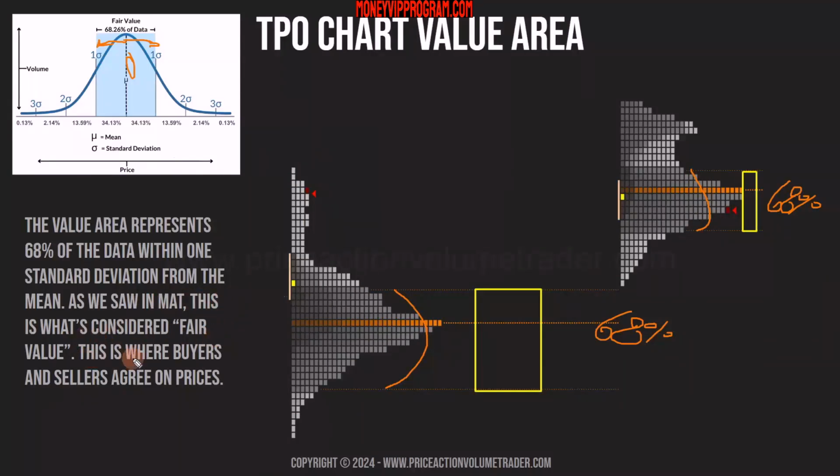This is what's considered fair value. This is where buyers and sellers have agreed more on price, okay? So this is where markets are more in accordance with price between buyers and sellers, and this is areas where price tends to get a little more choppy.